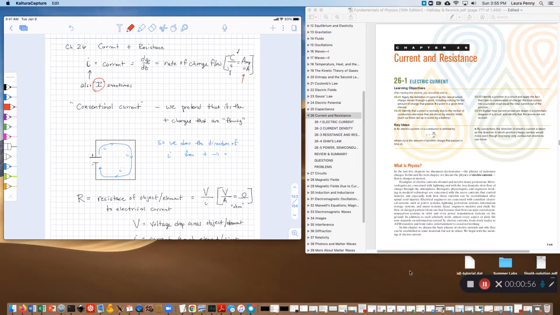In physics, we have a thing called conventional current, where we pretend that it's the positive charges that are flowing in an electrical current circuit. I'm sure the book talks about conventional current somewhere in here, and you can read their validation of why that's true.